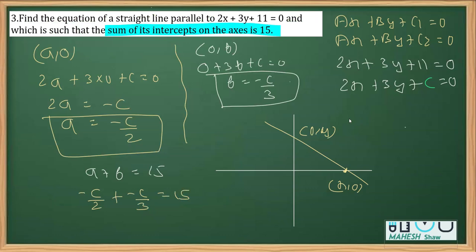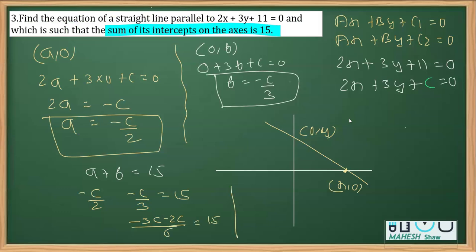If I take the LCM here, plus minus is minus only, so you may not write plus. So this will give you minus 3c minus 2c over 6 is equal to 15.